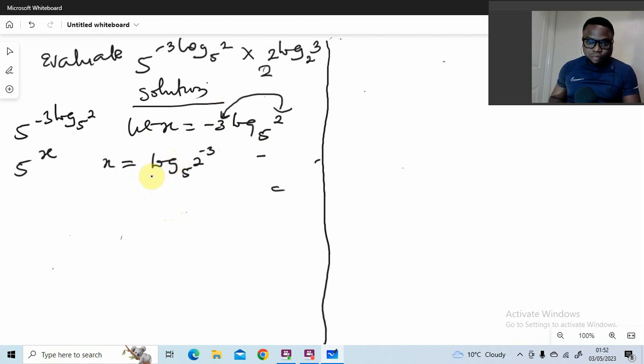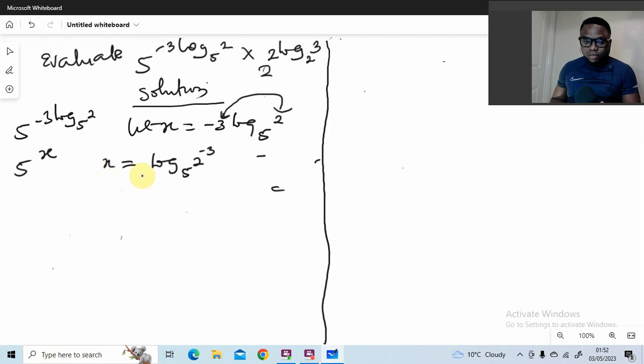Now, for me to eliminate this log 5, I have to multiply x by log 5 base 5, the log of its own base. I'm introducing log 5 base 5 because this log is in base 5. Log 5 base 5 is 1, and 1 times x is x.